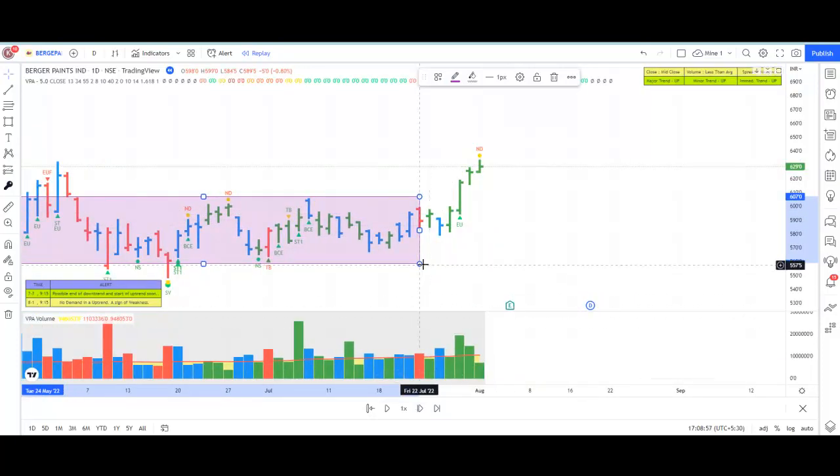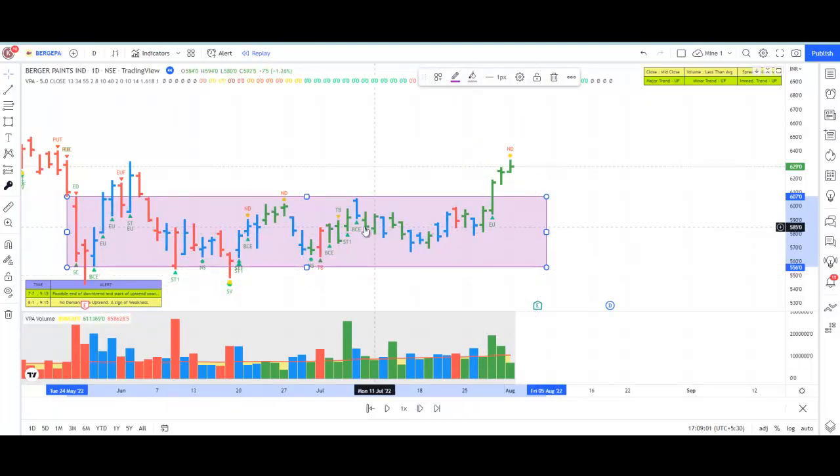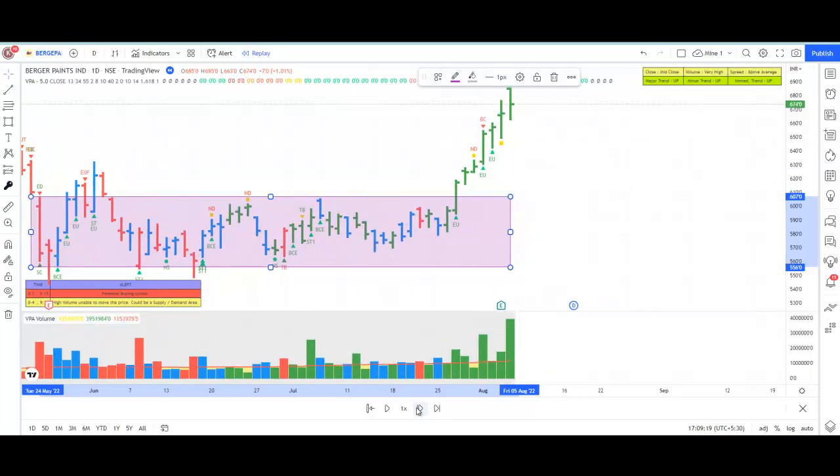Now finally here, after more than 2 months of sideways move, this clearly broke out away from the high of the selling climax bar, and the next bar confirmed that it is broken out and the prices have been moving higher here.